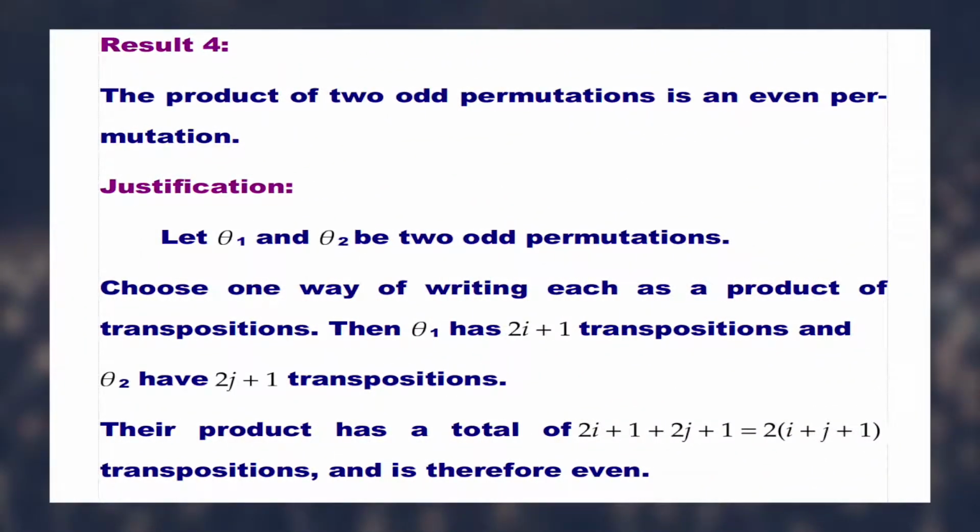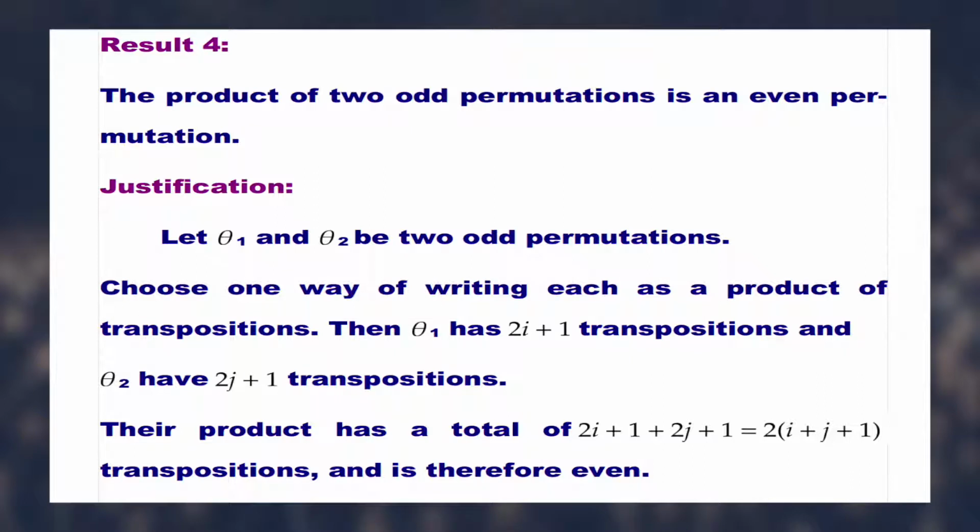Next, we will see the fourth result. The product of two odd permutations is an even permutation. The justification: let theta 1 and theta 2 be two odd permutations. Choose one way of writing each as a product of transpositions.